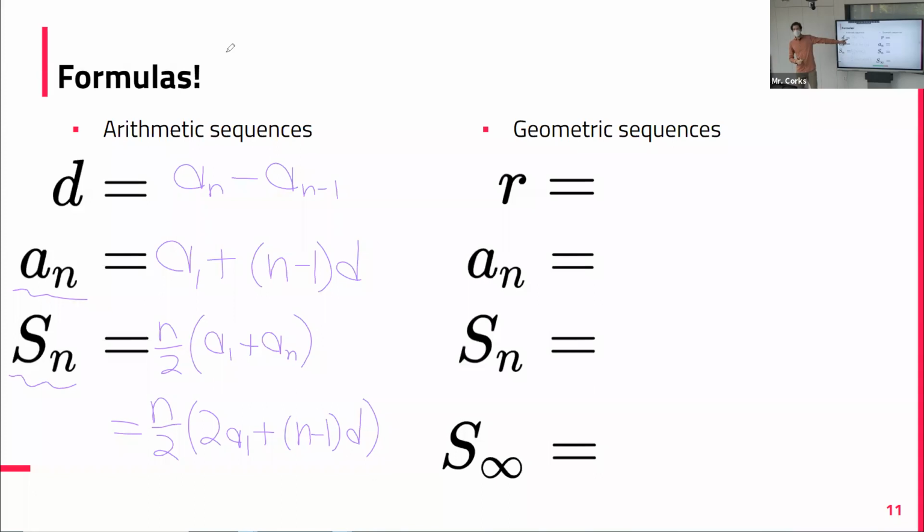So any term, subtract the previous term will give us the difference between the two terms, because a n minus 1 plus d gives us a n, right? So that's just from the definition of what the common difference is. So I don't know that we really need to memorize a separate formula, but we should understand that that's true.